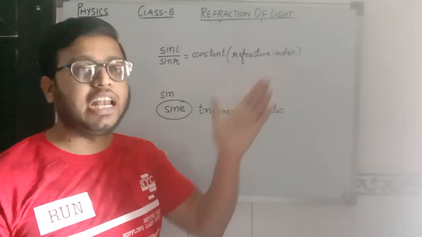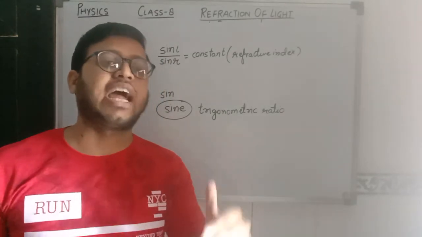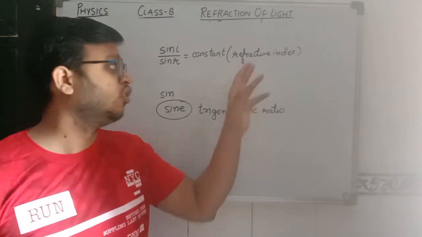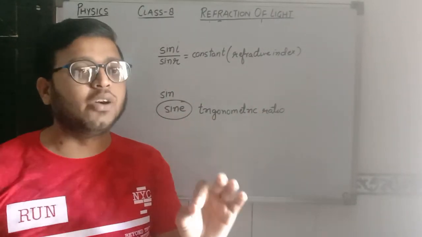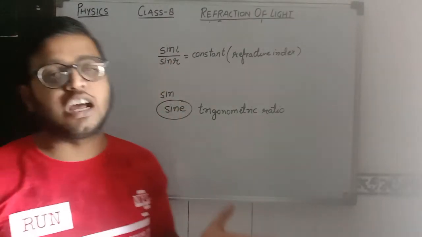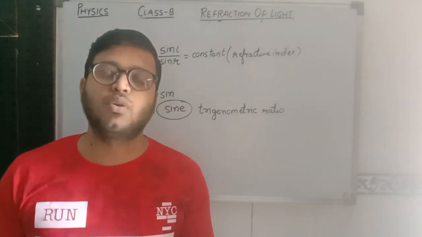With the help of the value of refractive index, we can say which medium is refracting the light more, and which medium is refracting the light less. Refractive index is just a value which has no unit, because both the quantities are of the same nature. That is why refractive index has no unit.